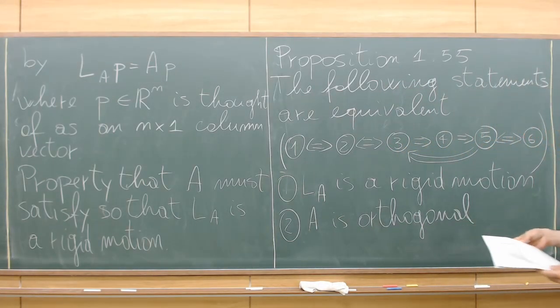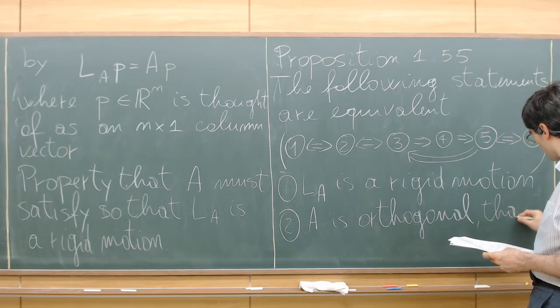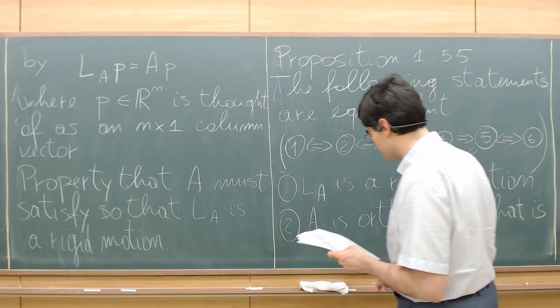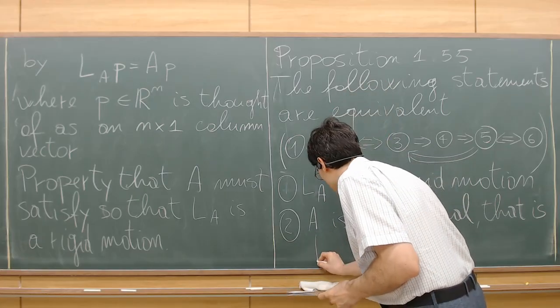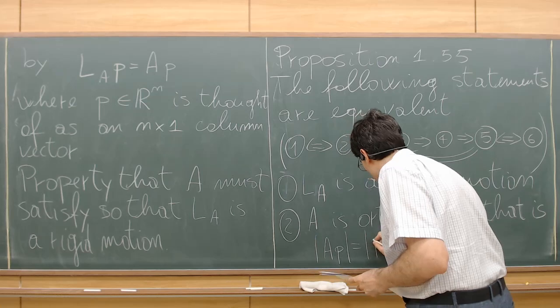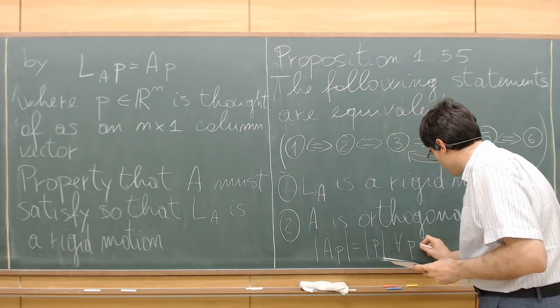What does it mean to be orthogonal? It means that the length of AP is equal to the length of P for any P in Rn.